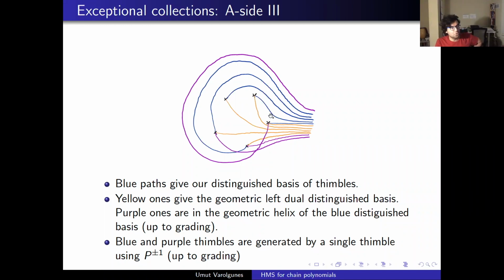Any such collection of paths from critical values to some asymptotic direction is called a distinguished basis. And here my reference distinguished basis is going to be the one with the blue color. So there are 5 of them. This one, I apply this P, I get this one.